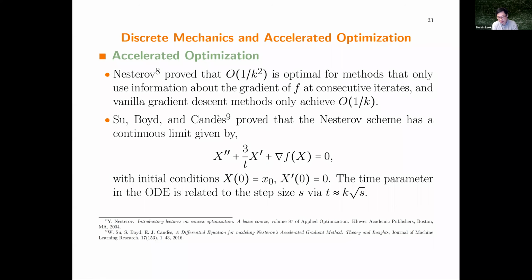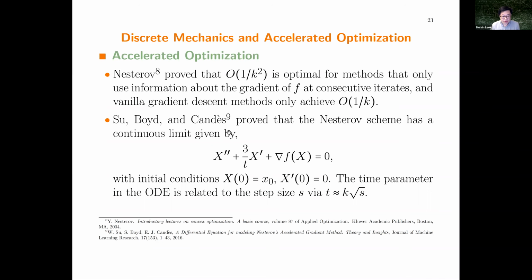So not only does the Nesterov accelerated gradient method achieve this 1 over k squared bound, it's proved that this is optimal, at least for just convex functions. If you have stronger assumptions about the regularity of the function, then you can get faster rates of convergence. But in the worst case, that's the bound.